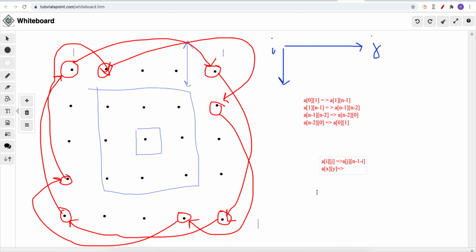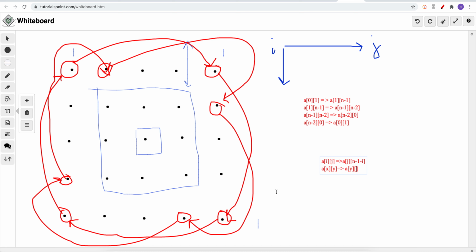So if y goes the same, here I goes the same, which is x. So here if y equals n minus 1, x is n minus 1. If y is n minus 2, x is n minus 2. So here y is the same as x.